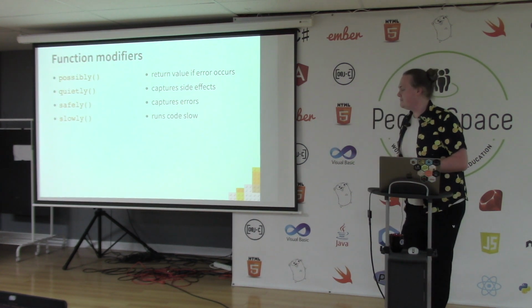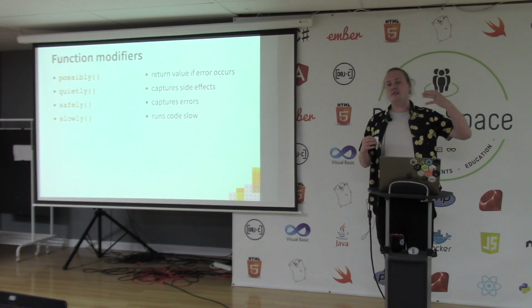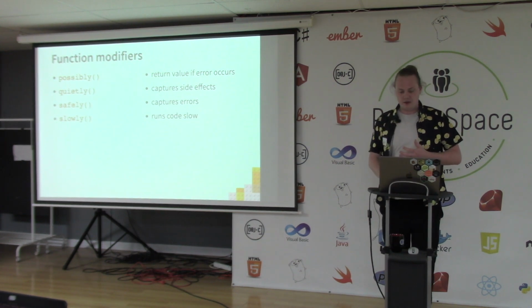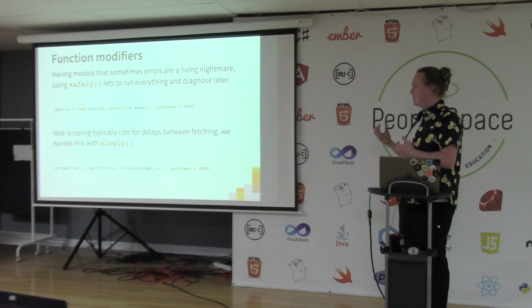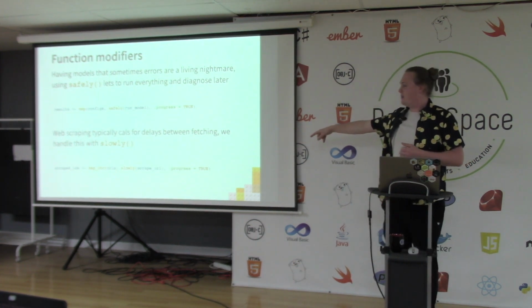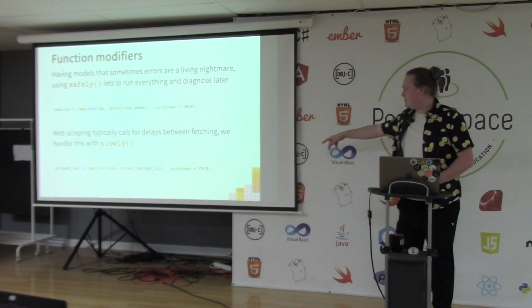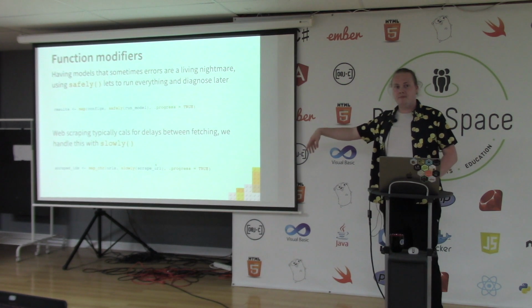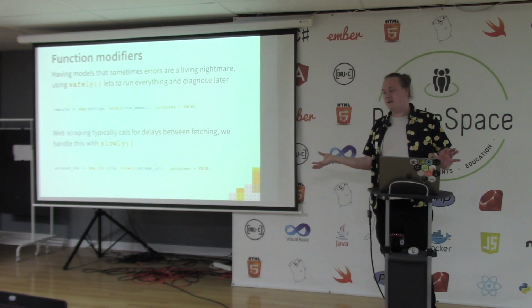And then slowly just makes it so the function can only be run so often. So I use it a lot for scraping. This is actually a direct copy paste from a script I run. I created this long function called scrape URL that takes a URL and does stuff.